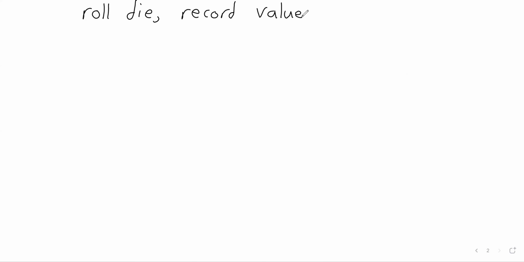You could also record whether it's even or odd, for example, but we're going to look at experiments that have numerical outcomes. And when you see experiment, it makes it sound very clinical, very controlled. But you can think of almost anything as an experiment if you want to.